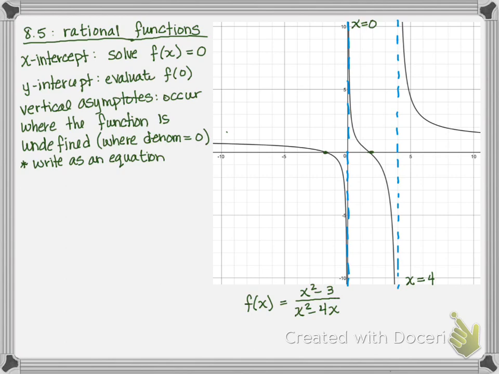So the last thing that we think about when we think about graphs, I should number these maybe, 1, 2, 3, is what's called end behavior.